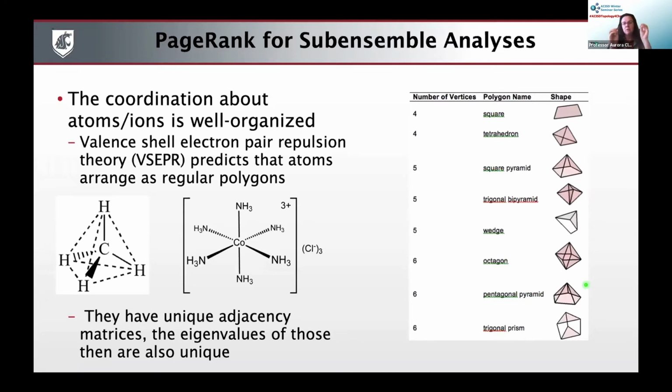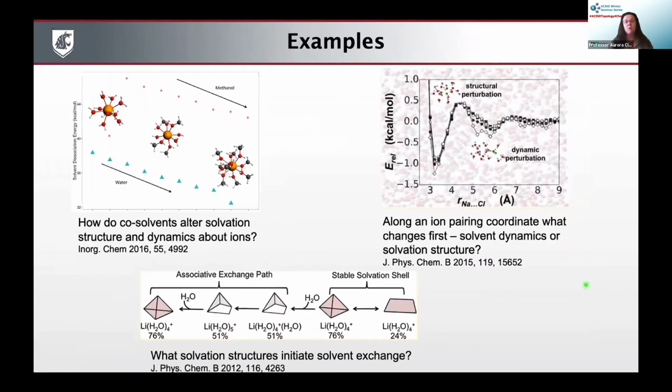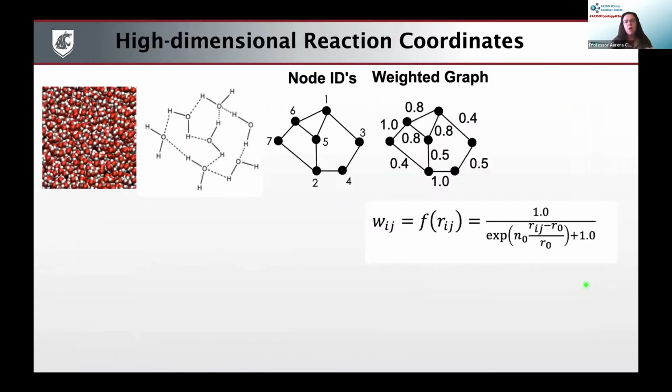We created a library of all possible PageRank values for all possible polygons, and we could run a complex molecular dynamics simulation of a concentrated electrolyte or something like this, and pull out all of the geometries around all of the ions that were present in that solution. We've applied it to many different types of chemical phenomena, understanding ion pairing and changes to geometry and reactions and things like this.